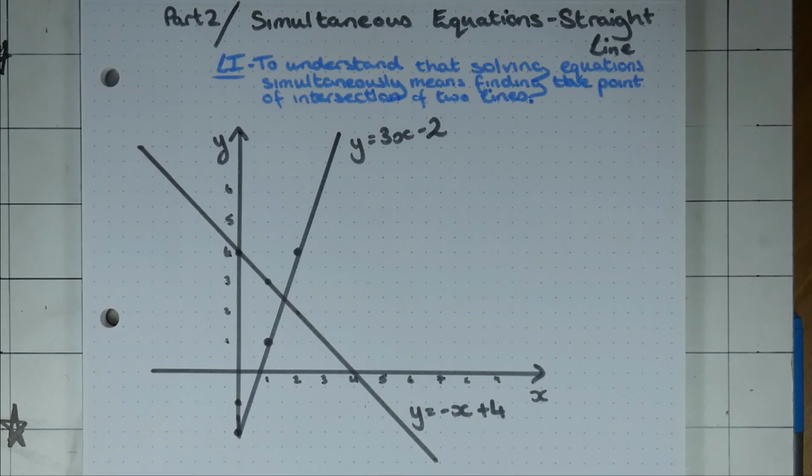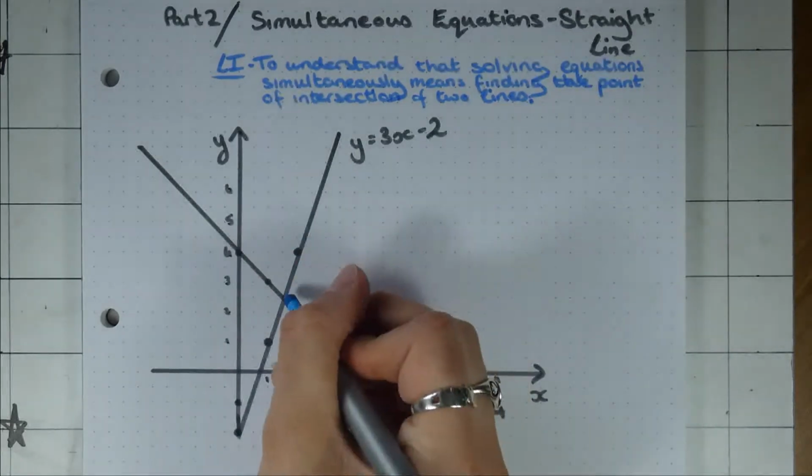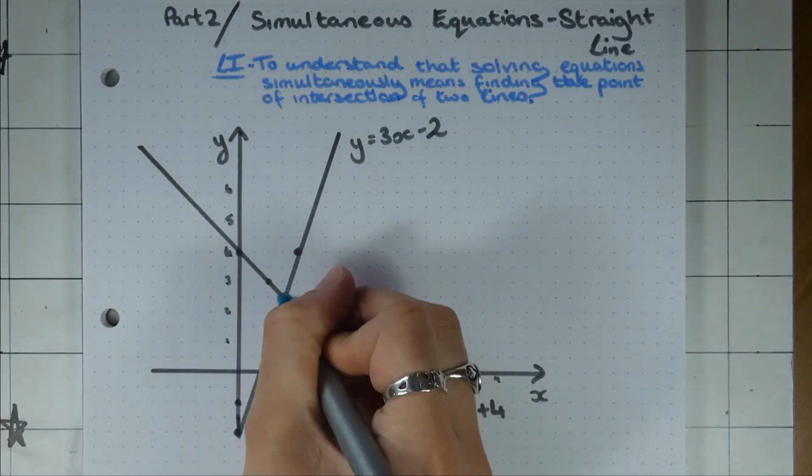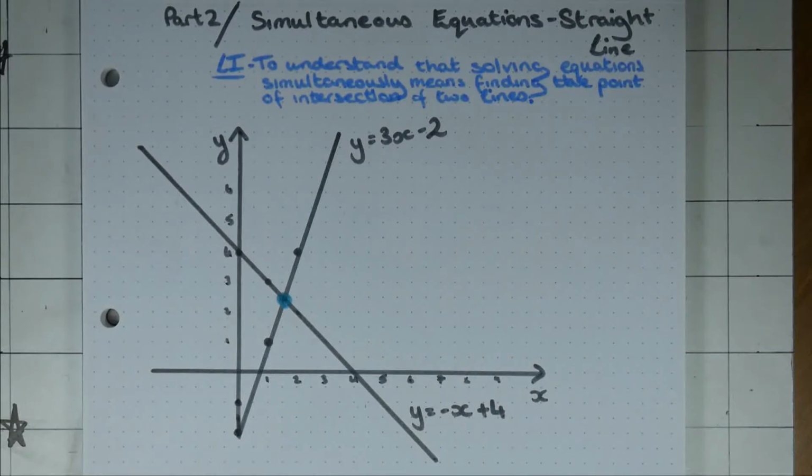So what is the point of intersection? The point of intersection of these two lines is the point that they cross over each other. So if I was to mark it, it is this point right there.